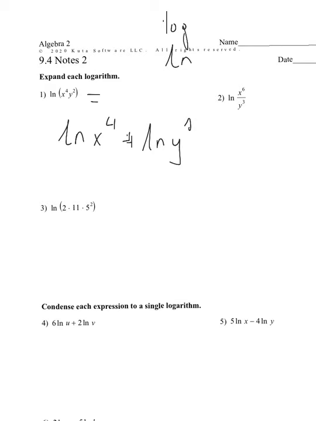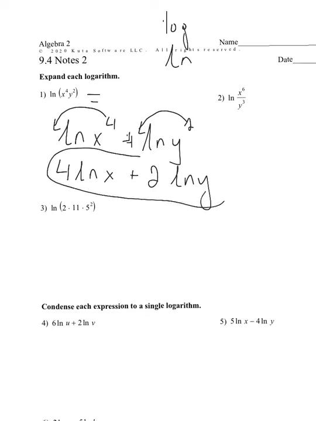And then we can use the power rule. 4 goes in the front and then 2 goes in the front. So you get 4 ln x plus 2 ln y. Okay, and that is your final answer. So watch it a few times and you gotta get used to it.